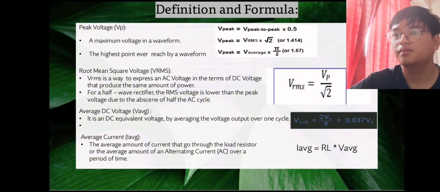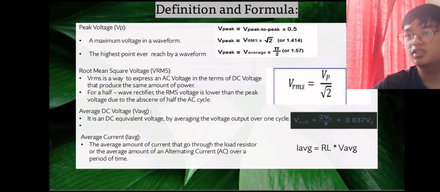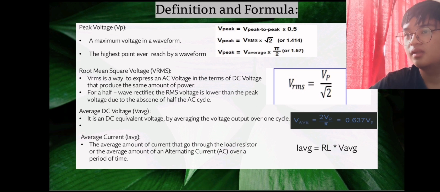Definition and formula. Peak voltage, or VP, is the maximum voltage in a waveform, the highest point ever reached by a waveform. The formula is V peak equal to V peak-to-peak times 0.5, V peak equal to V RMS times square root 2, and V peak equal to V average times pi over 2.